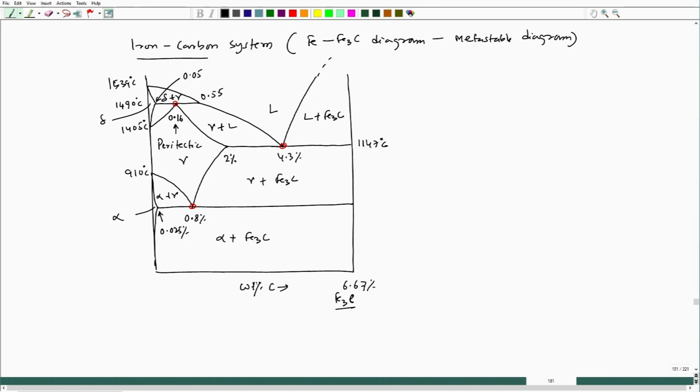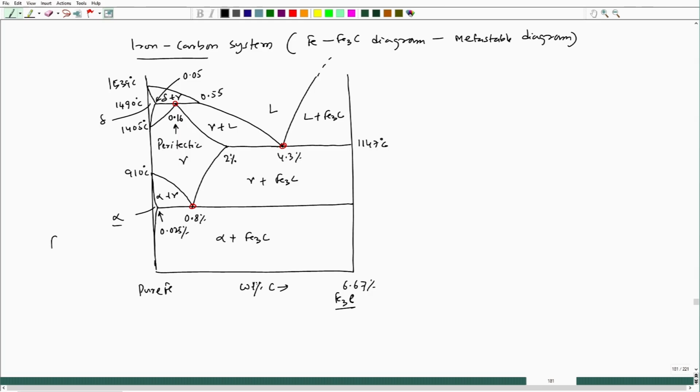We will talk about this a little later, but since we are talking about partitioning and partitionless transformation, and mainly about partitionless transformation where we get bainite or martensite, that means iron supersaturated with carbon, and this is the pure iron side.